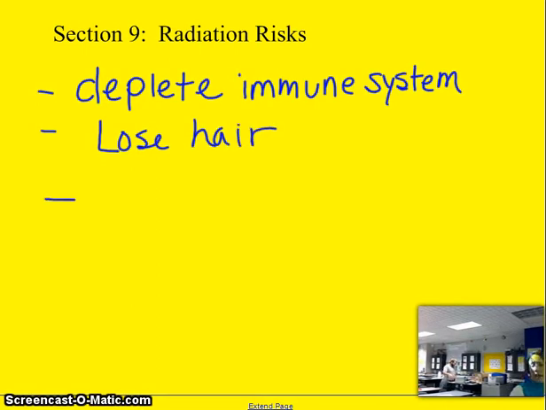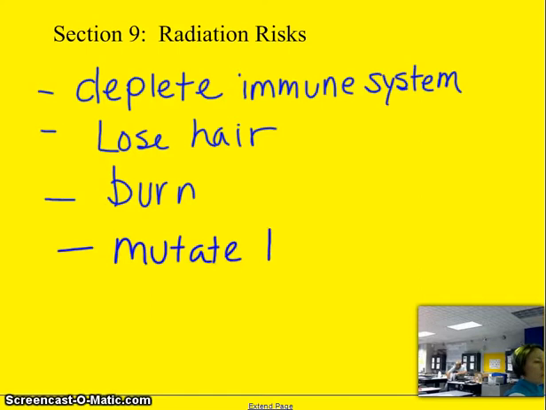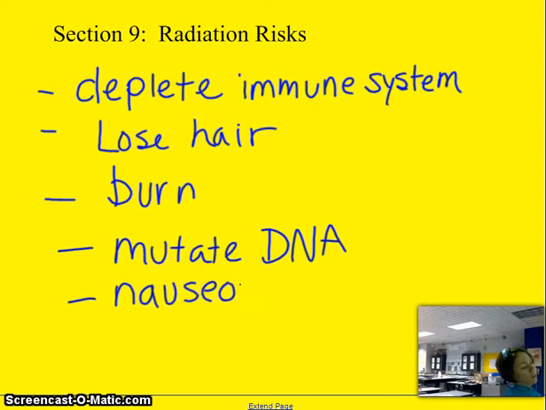You could get a radiation burn. It could mutate your DNA, not turn you into the Hulk, but mutate your DNA. It can make you nauseous, N-A-U-S-E-O-U-S. It can lead to death.